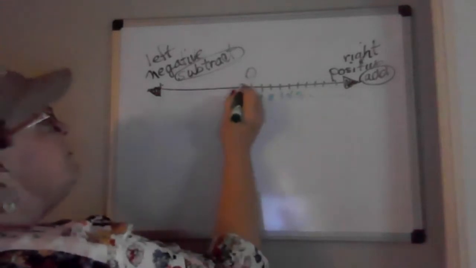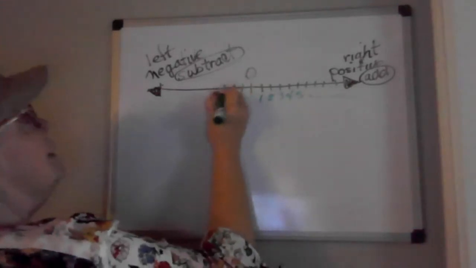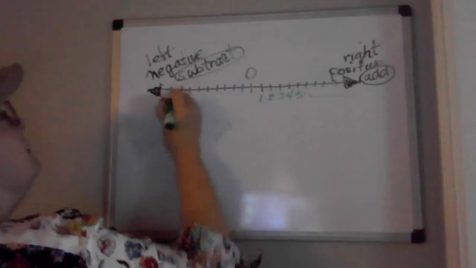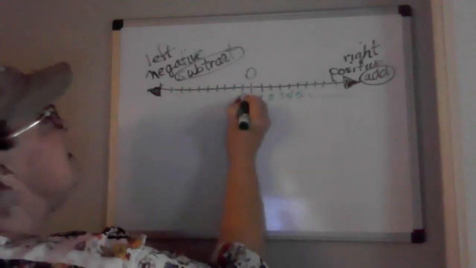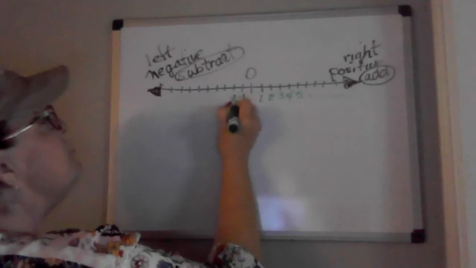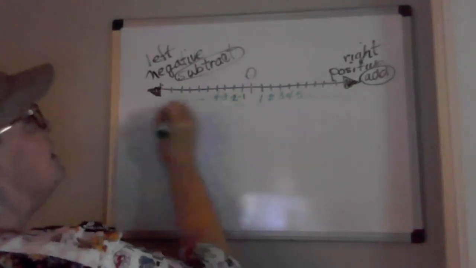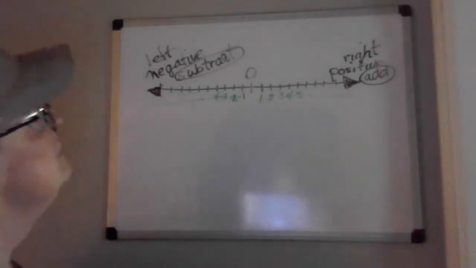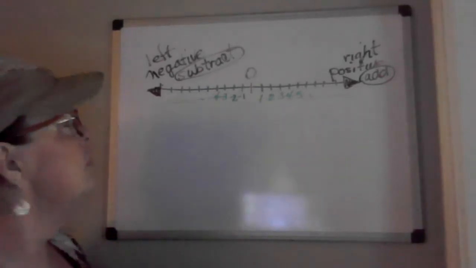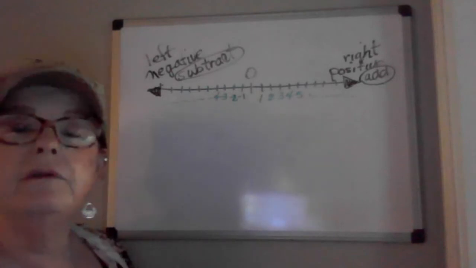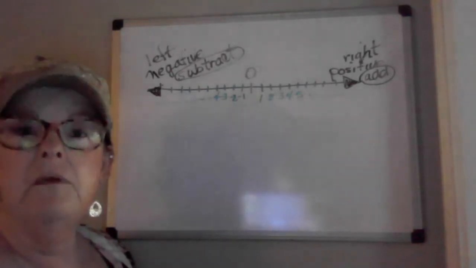Moving to the left of the 0 are negative numbers. -1, -2, -3, -4, and so on. Okay, so this is a normal number line. Any questions here? This is basic.